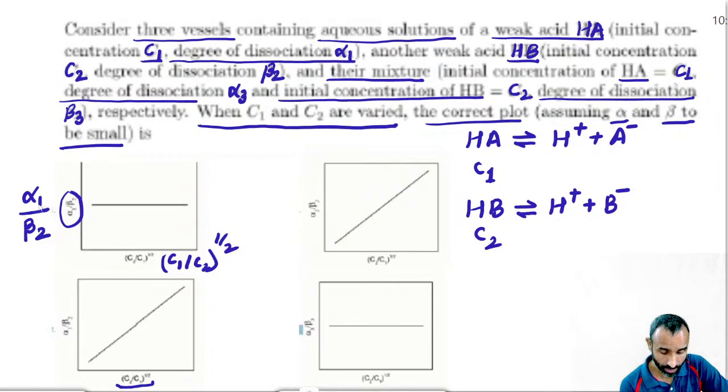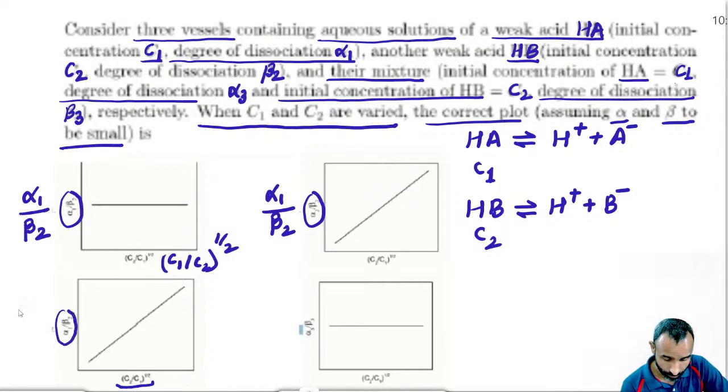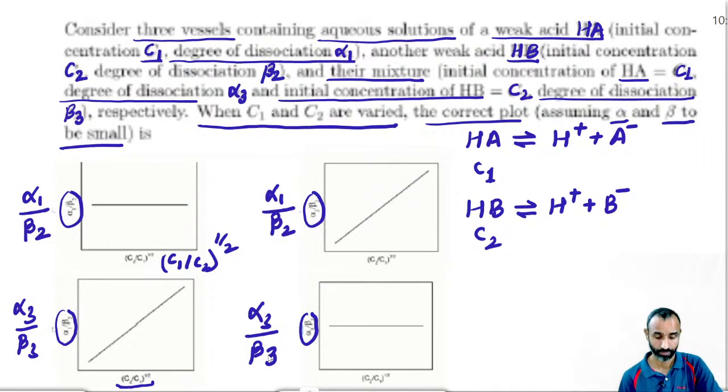In the first case it is alpha 1 beta 2. This is also alpha 1 beta 2. This is alpha 3 beta 3, alpha 3 beta 3. So these are 4 options.